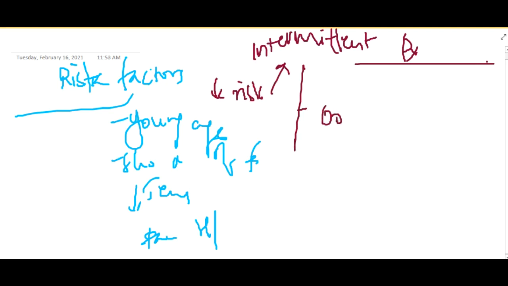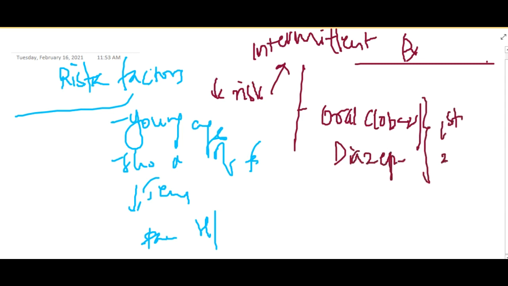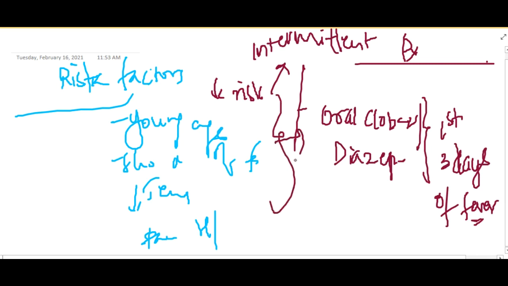That is, we give oral clobazam or diazepam for the first 3 days of fever, whenever the child has fever. Paracetamol or any other antipyretics do not decrease the risk of recurrence.